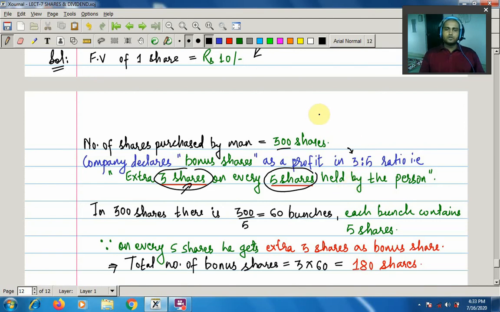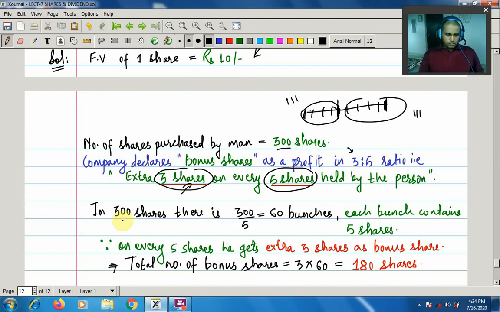So on every bunch of 5, suppose this bunch is having 1, 2, 3, 4 and 5. So for this 5 shares I have 3 more shares, and for this 5 I have 3 more bonus shares. So total 6. So it goes into a bunch of 5 shares.